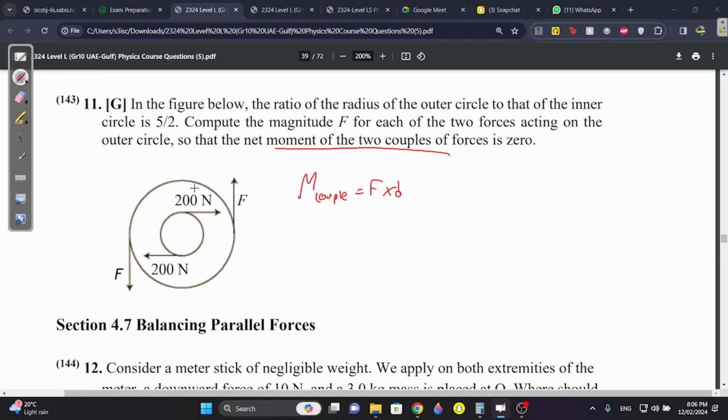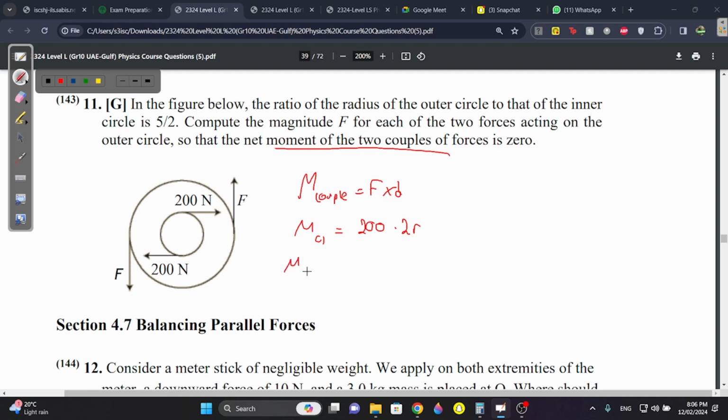Okay, so what do we do? What's the moment of, let's call this couple 1? It's going to be the force 200 times the distance between them, right? This is a circle, and this is the radius. What's going to be the distance between them? 2 times the radius, right? Obviously, because this is the radius. The total distance will be 2 times the radius in between these two forces. It will be 200 times 2r.